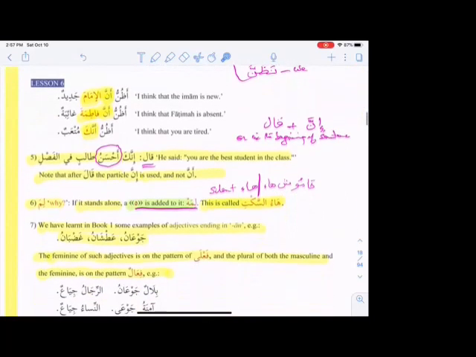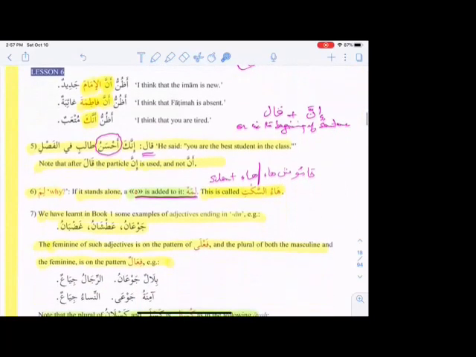We have learned in book 1 some examples of adjectives ending in ani, which is jawanu, atshanu, ghadbanu. The feminine of each adjective is on the pattern of fa'ala. And the plural of both masculine and feminine is on the pattern of fi'al.